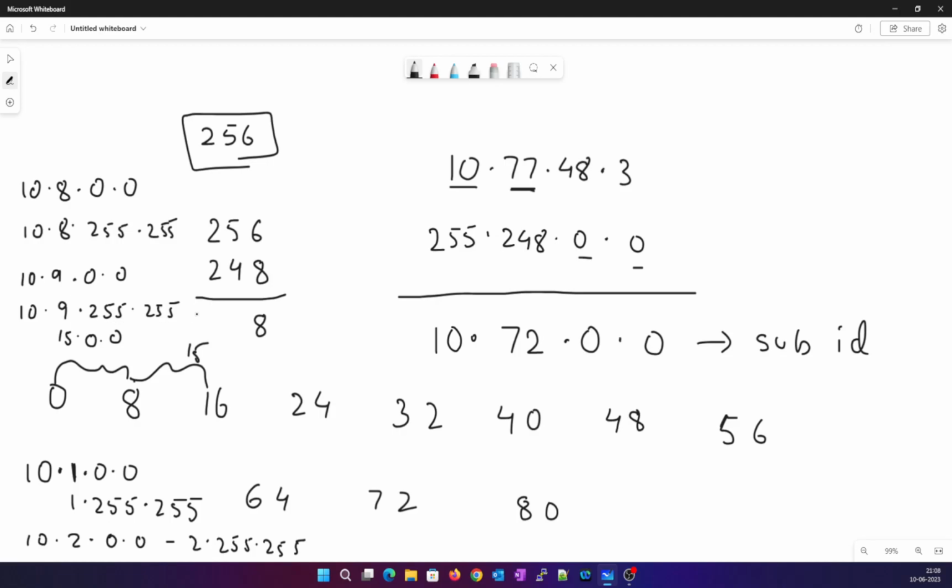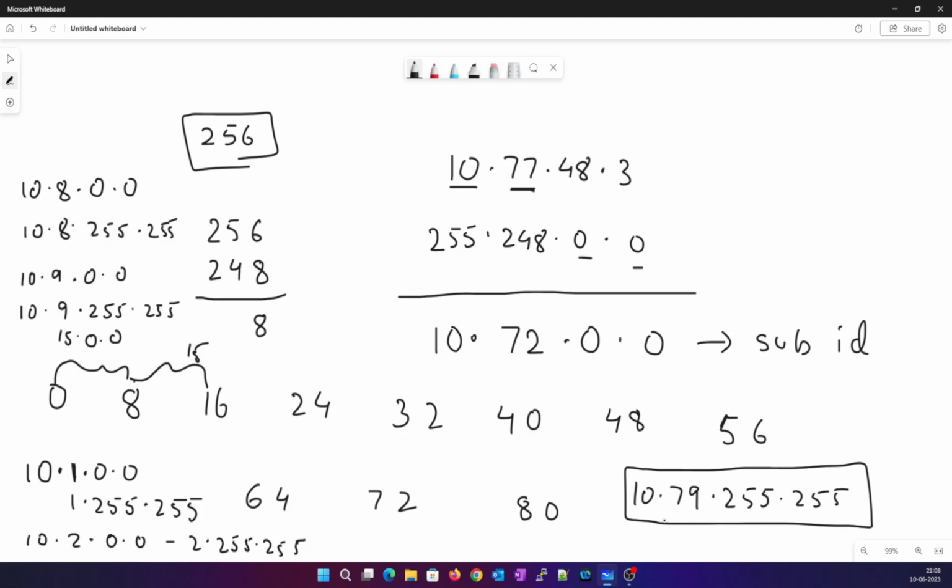So our IP address 10.77.48.3 is in the subnet range of 72.0.0, which would go up to 10.79.255.255. This becomes our broadcast address.